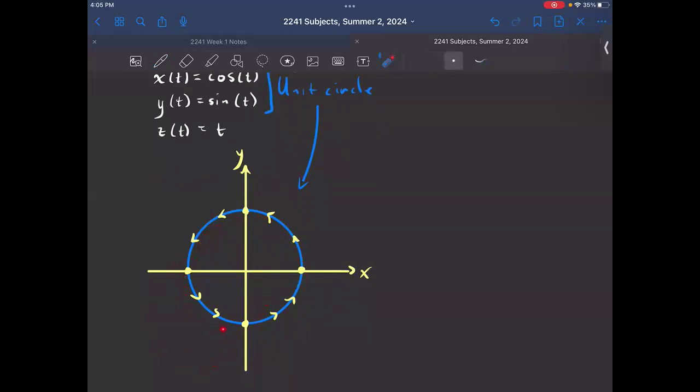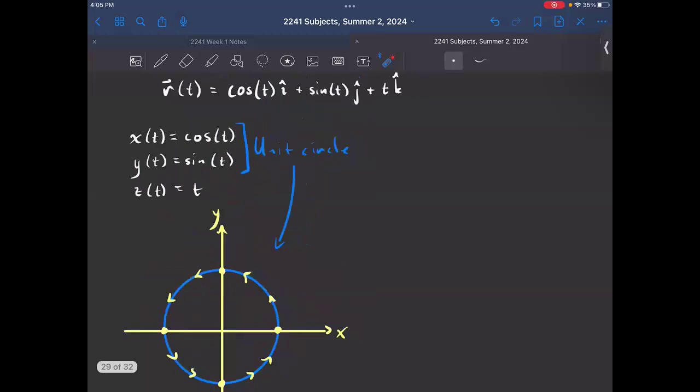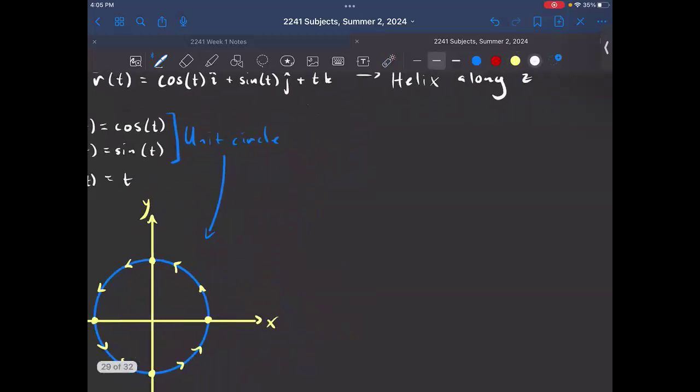So whatever plane we're currently on, we're lifting off of it. We're moving along the z direction. And that is how we get a helix. And that's what this curve is. So this is a helix along the z direction.